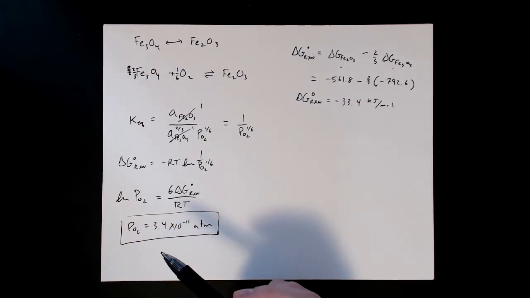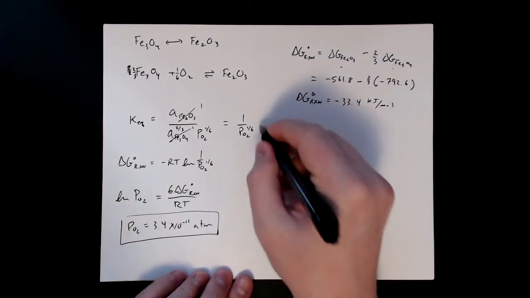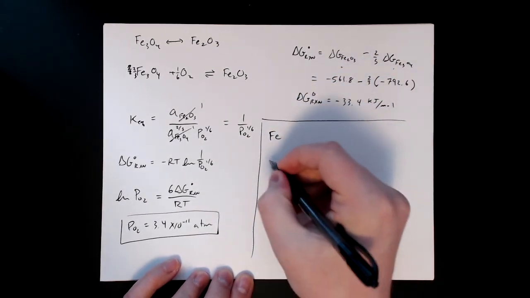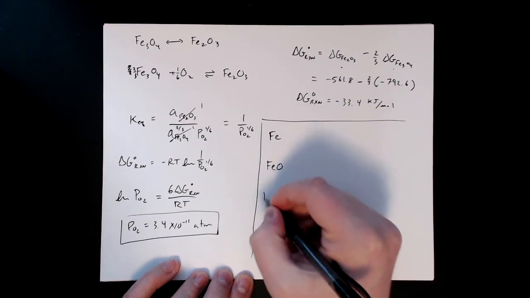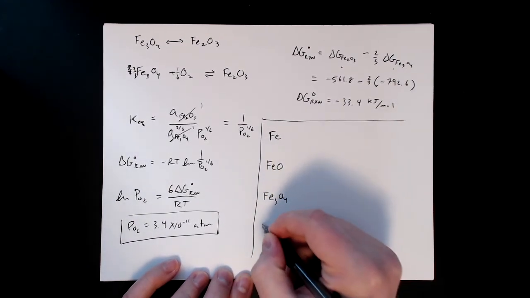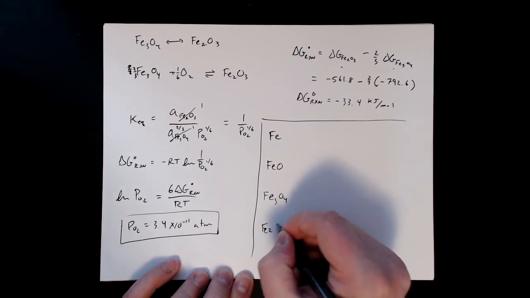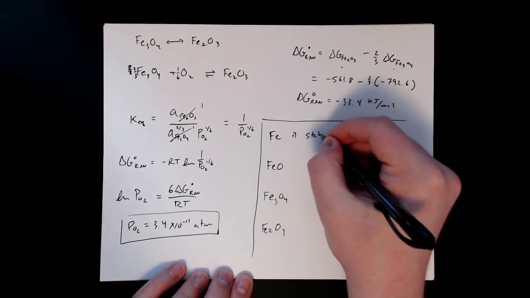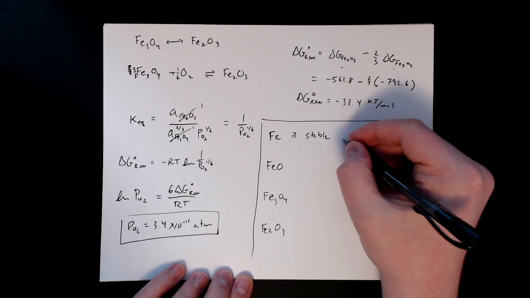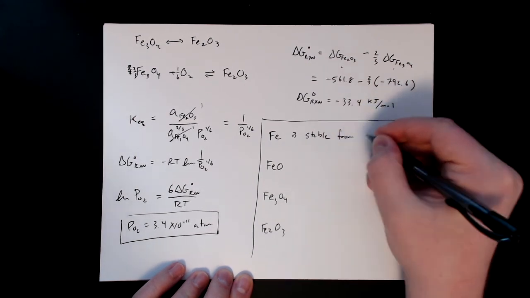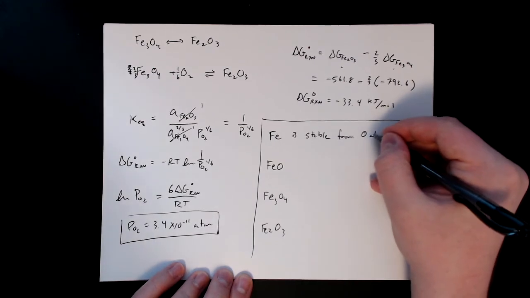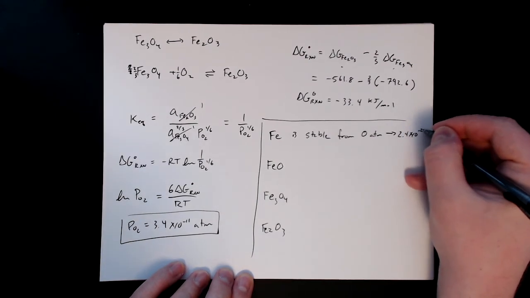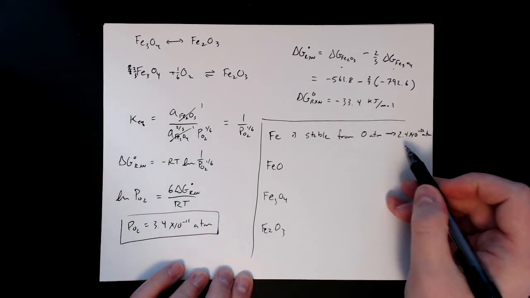So if we put all of this together and look at those domains, at all of the different compounds that we've been looking at, iron, iron oxide, Fe3O4, Fe2O3, what we see is that iron is stable from basically 0, really low atmospheres, up to 2.4 times 10 to the minus 22 atmospheres, the first number that we calculated.